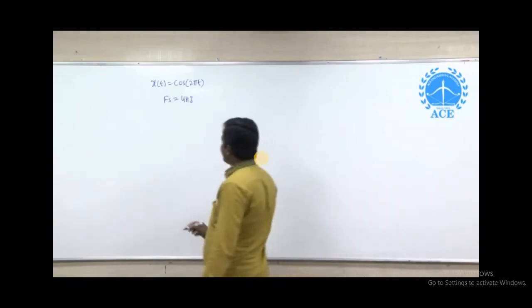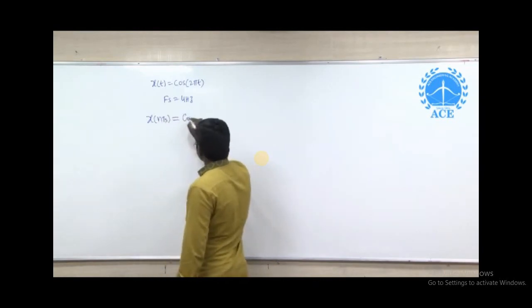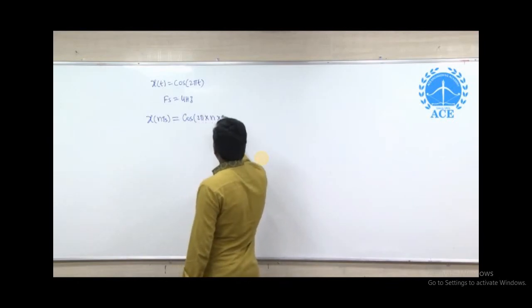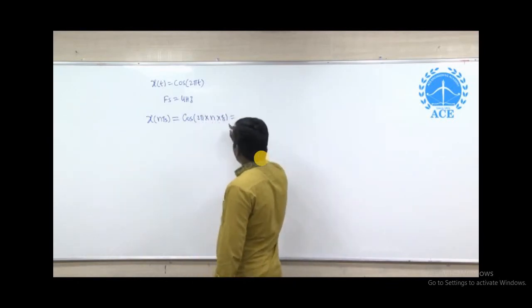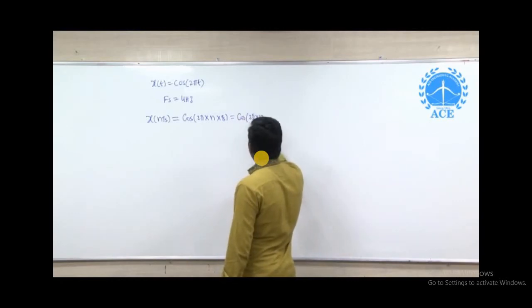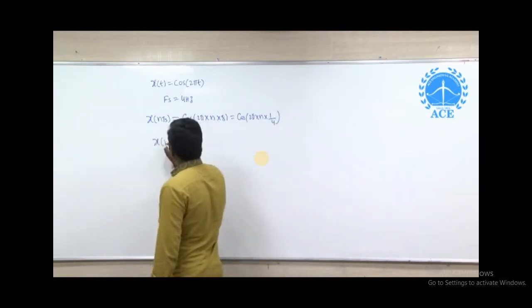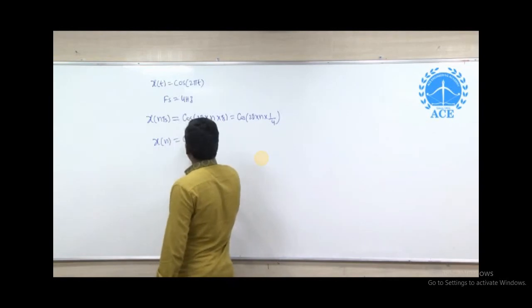Okay, we know that if I sample a continuous time signal, the resultant signal I am going to get is x of nTs, that is cos 2 pi into n into Ts. Ts is nothing but 1 by fs, cos 2 pi into n into 1 by fs. Fs is nothing but 4. So x of n is equal to cos n pi by 2.